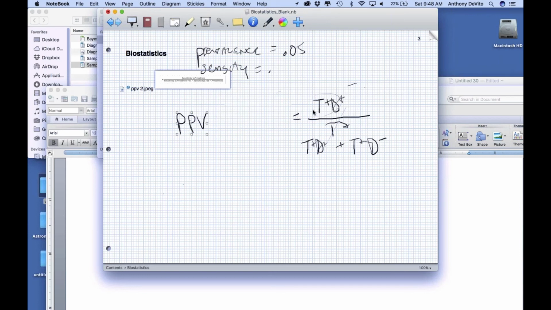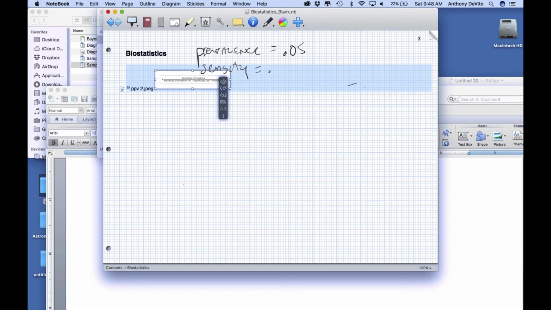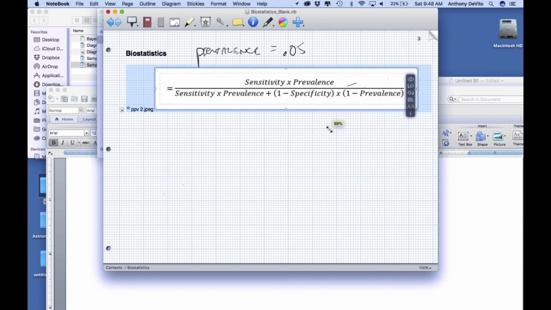Let me clear up a little space here. We can see it. Now I should be able to grab it. Yep. Okay, so there's our problem.